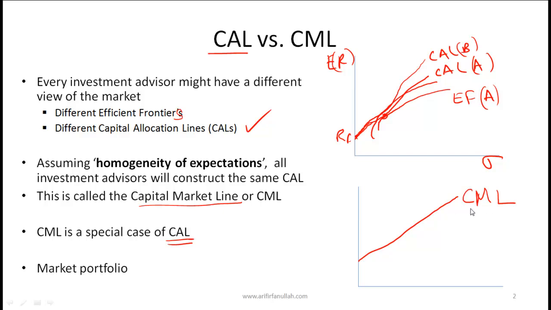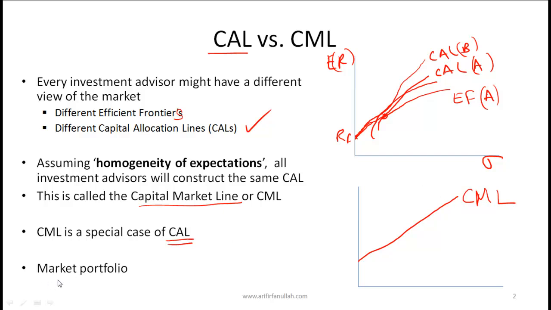So the CML is a theoretical construct, but a very important theoretical construct where we are assuming homogeneity of expectations. When we don't have homogeneity of expectations, then we have multiple capital allocation lines. So that covers the CML.